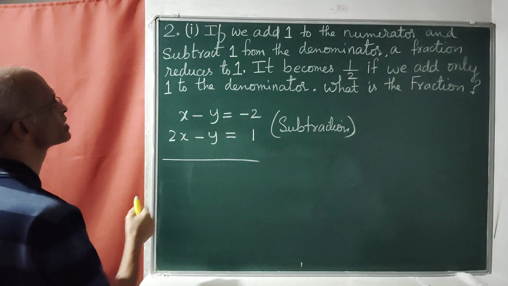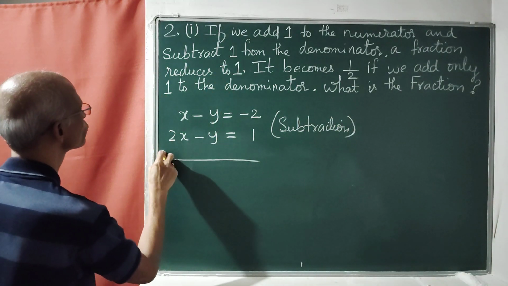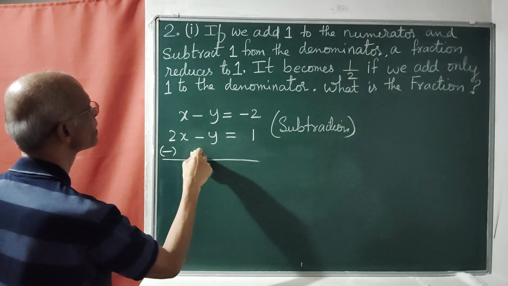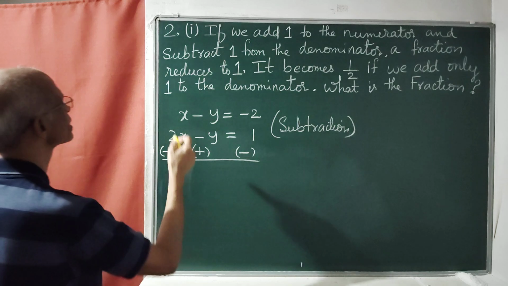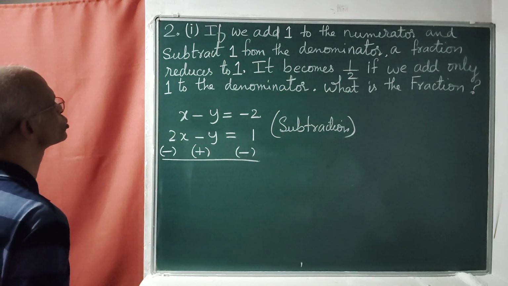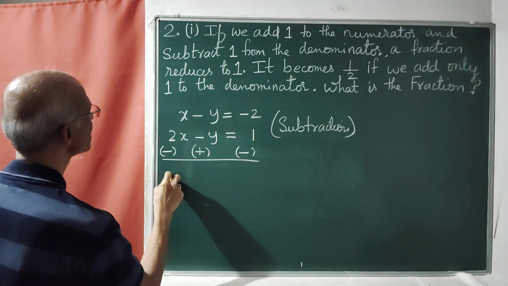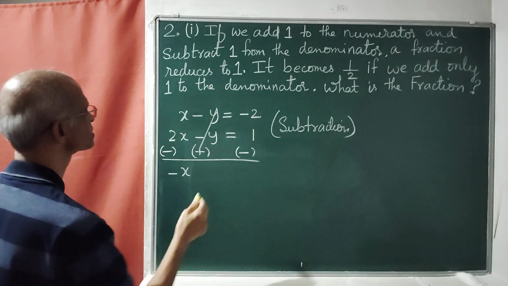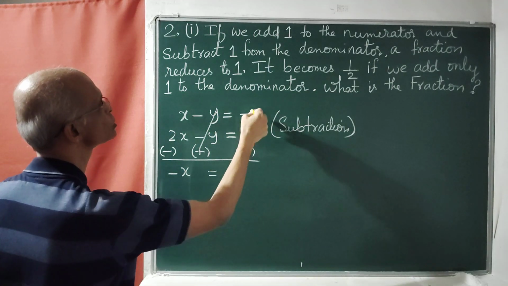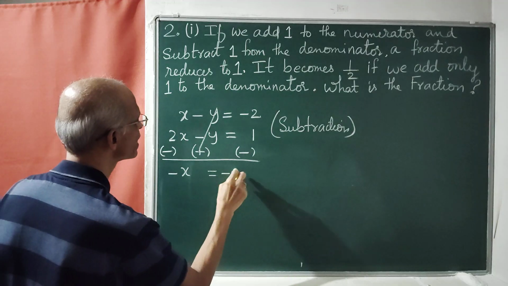So we have to change the signs of the lower equation. So plus becomes minus, minus becomes plus, plus becomes minus. So here x minus 2x, we get minus x. Minus y plus y cancelled. So we get minus 2 minus 1, we get minus 3.